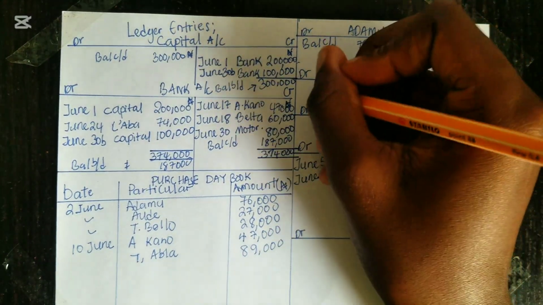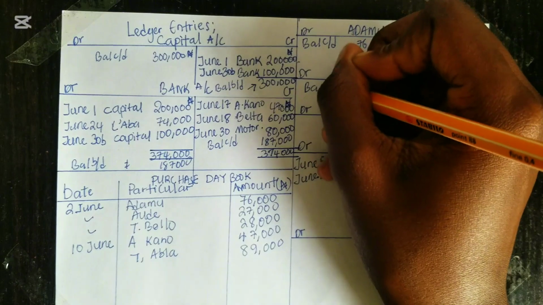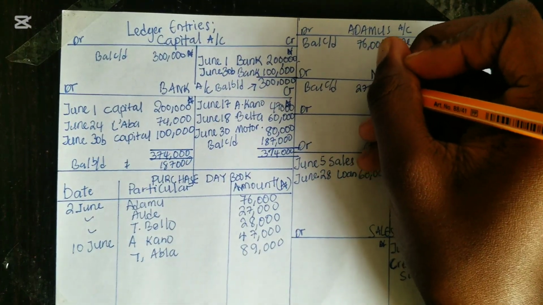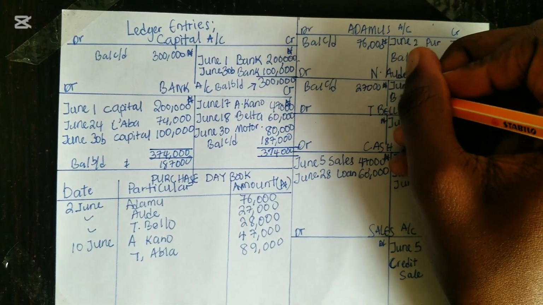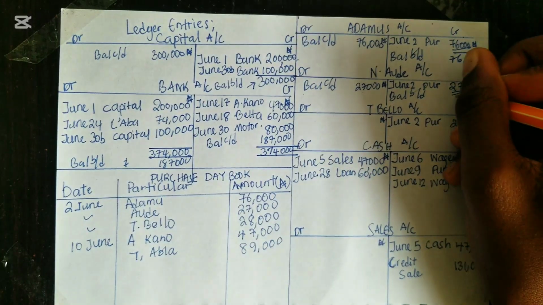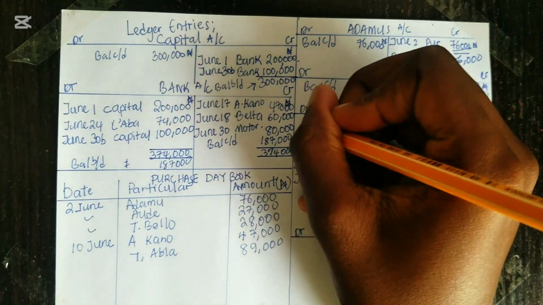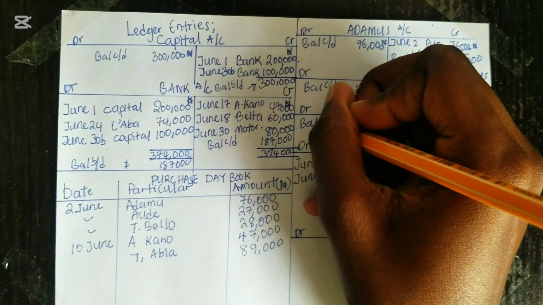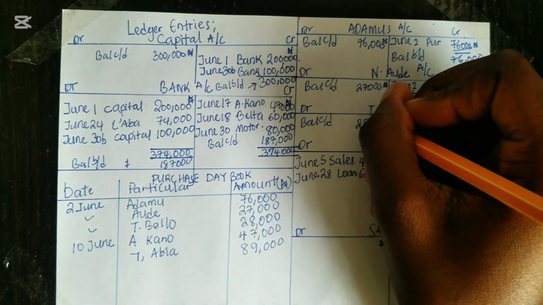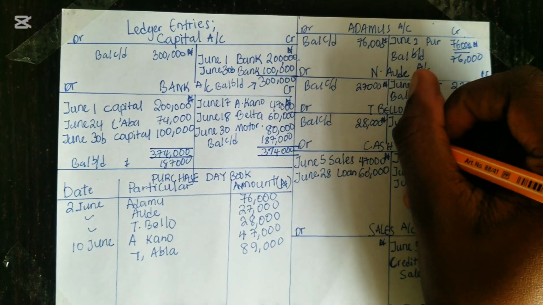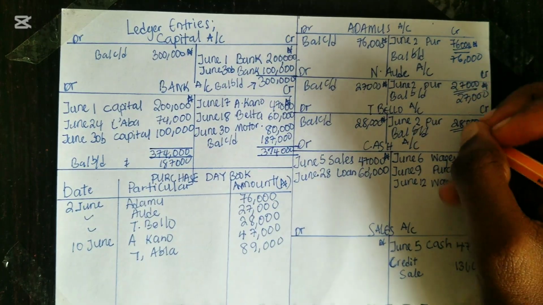Here is credited, so here we'll do balance carried down 27,000, balance brought down 27,000. The same thing for here. Our balance carried down will be 28,000, and balance brought down will be 28,000.